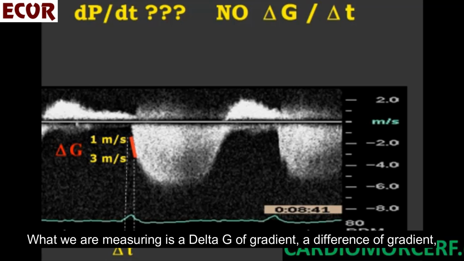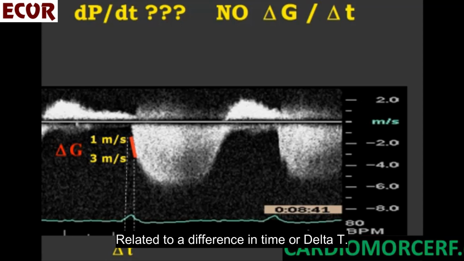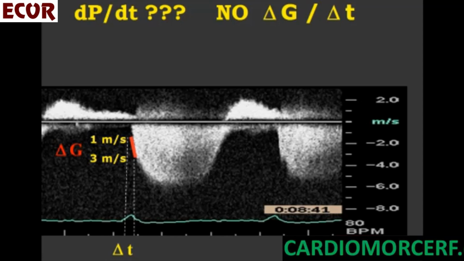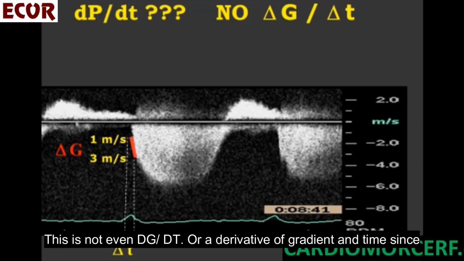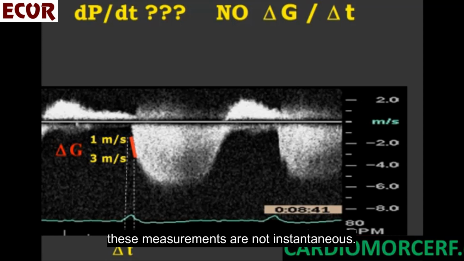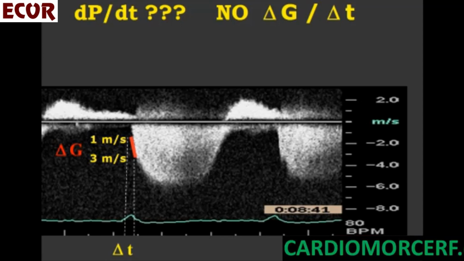What we are measuring is a delta G of gradient, a difference of gradient, related to a difference in time, or delta T. This is not even dg/dt, or a derivative of gradient and time, since these measurements are not instantaneous.